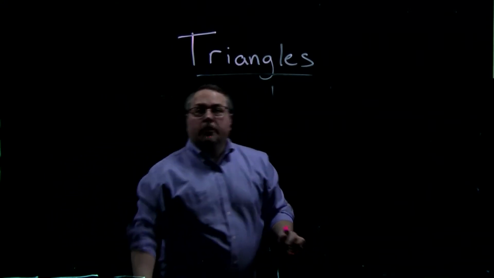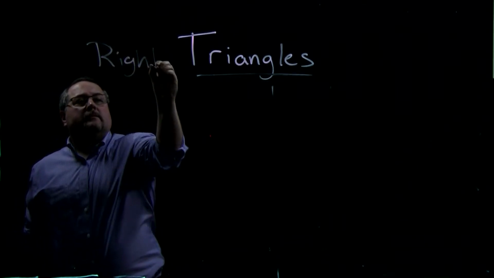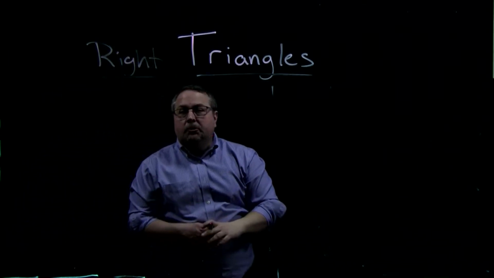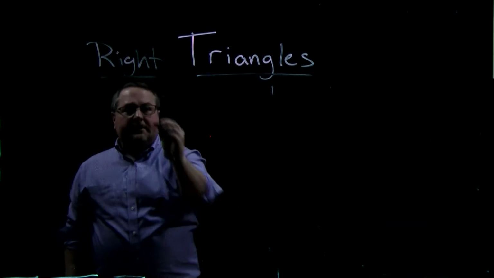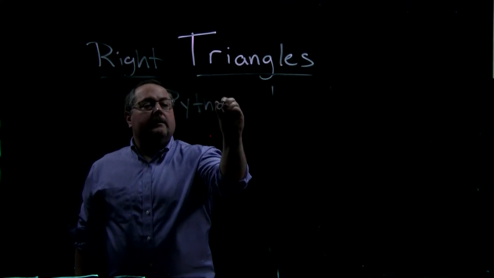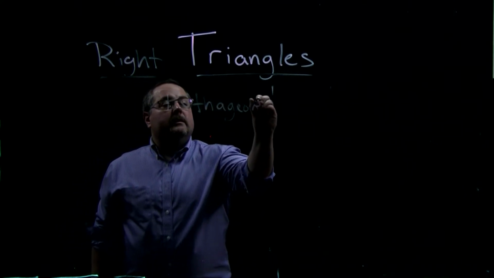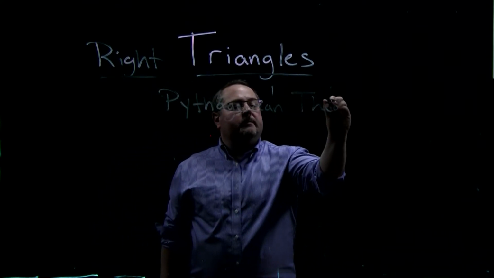Now, when we work with right triangles, there are going to be two main tools that we're going to be using moving forward. The first is a geometric identity called the Pythagorean theorem.